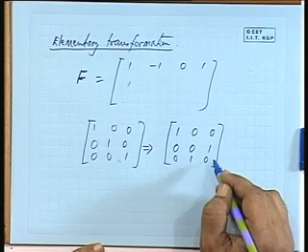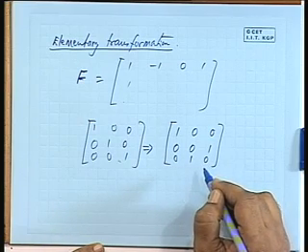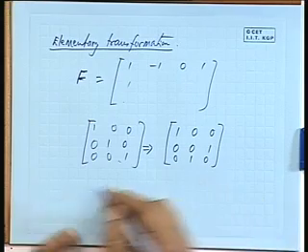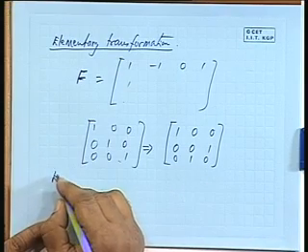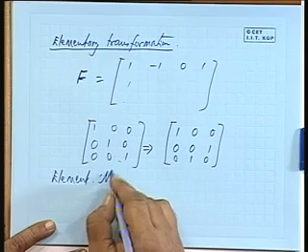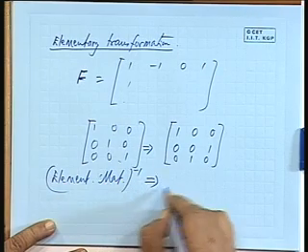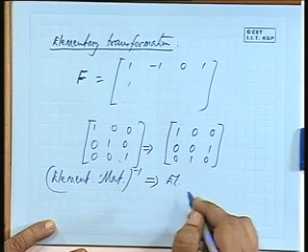That is, from the identity matrix, by interchanging the rows, we can always generate an elementary matrix. And the inverse of an elementary matrix is also another elementary matrix.